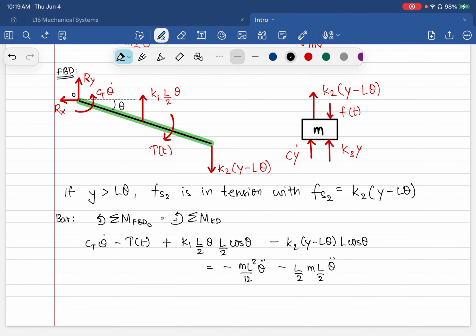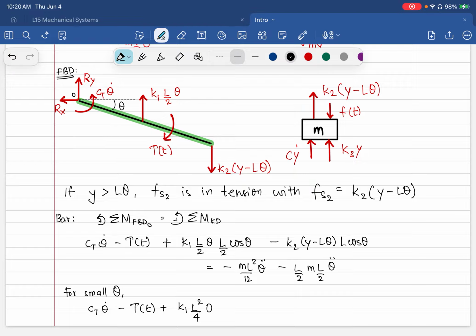So I could rearrange this, or I'm just going to say that for small theta, I will have this simplified or linearized as c_t theta dot minus tau of t plus k1 L square by 4. Cos theta is close to 1.